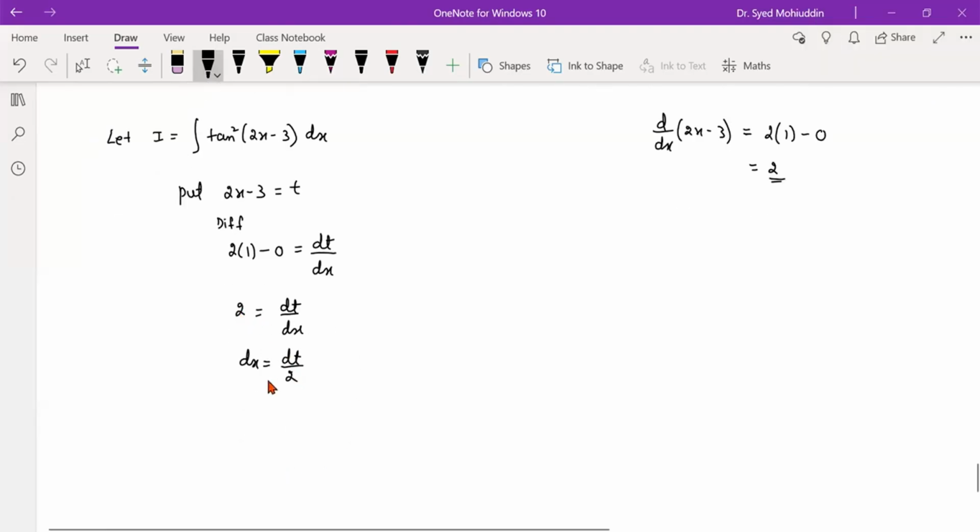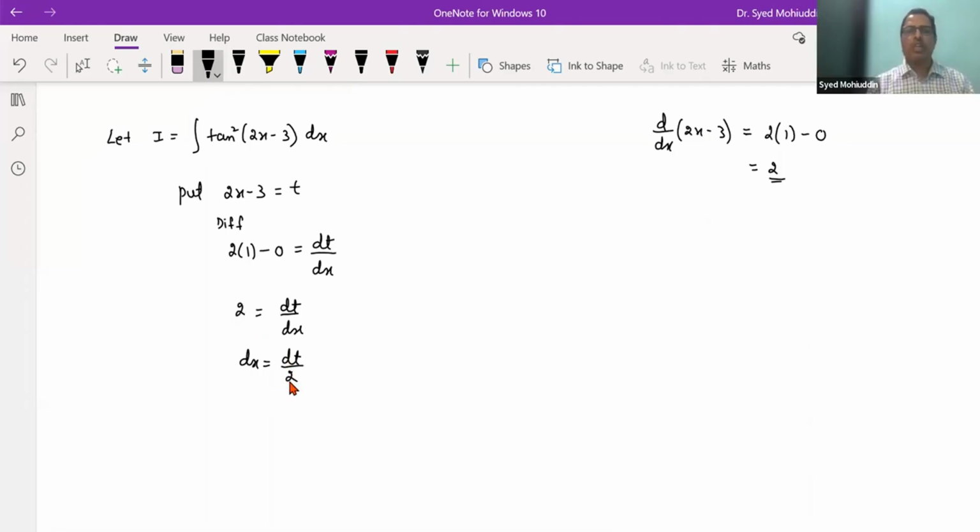Whenever you have a constant, somehow it comes over here. So you need not bother when the derivative is 2. But suppose we are getting 2x square, and you get 4x, then in that case we should have x there.